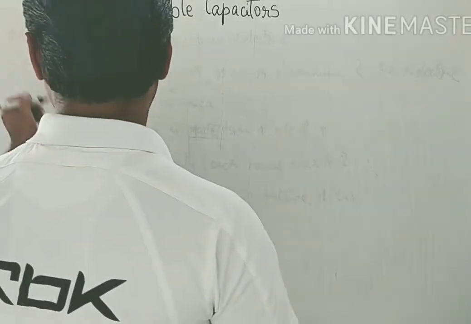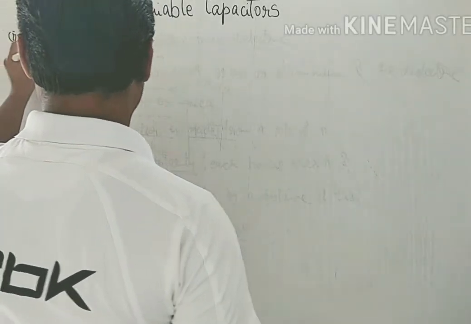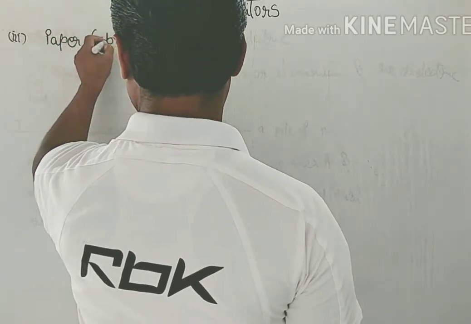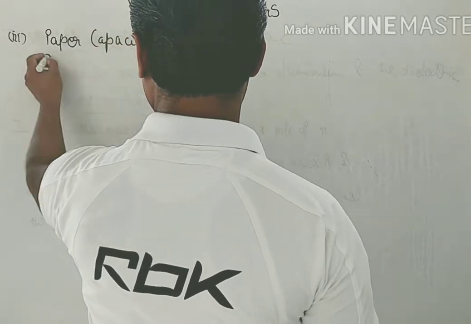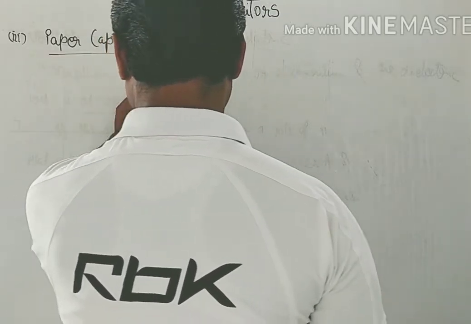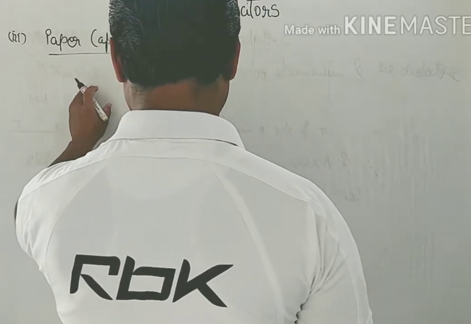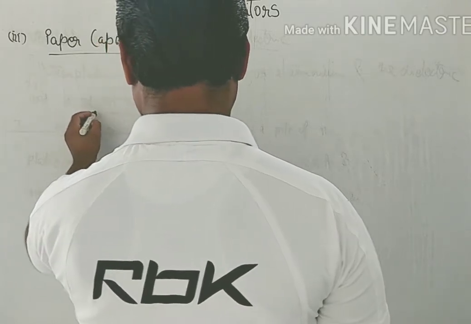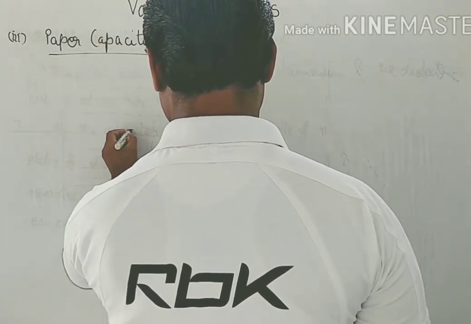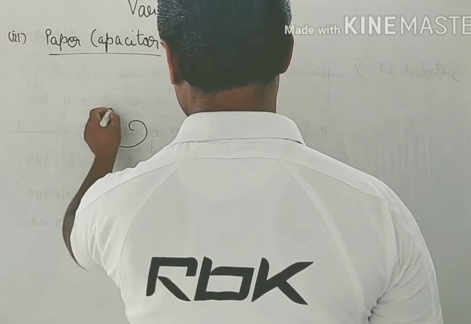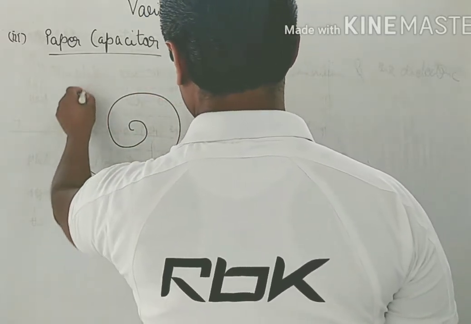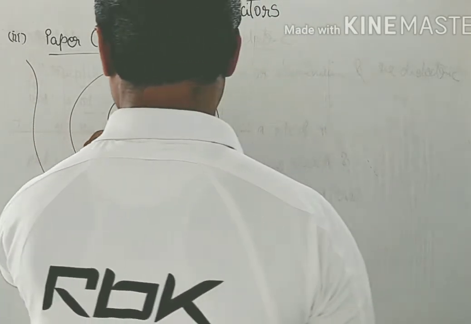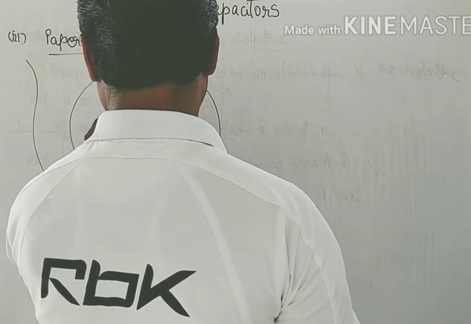The third type is the paper capacitor. It has a dielectric of paper impregnated with paraffin, wax or oil. I am just drawing to give a brief idea. Like this.